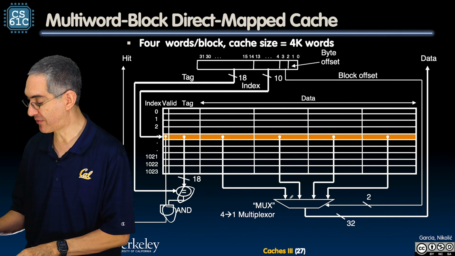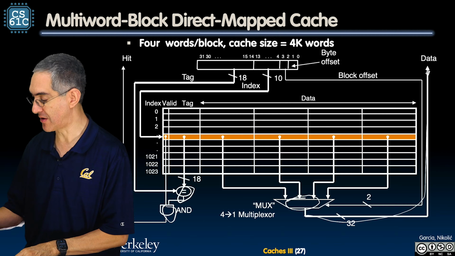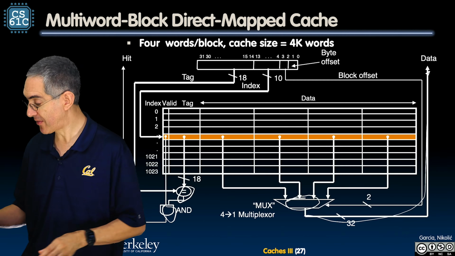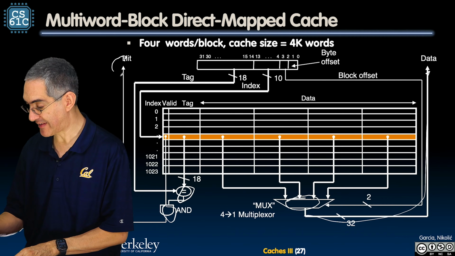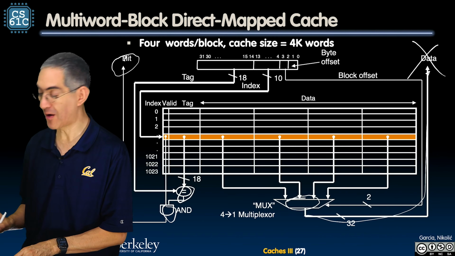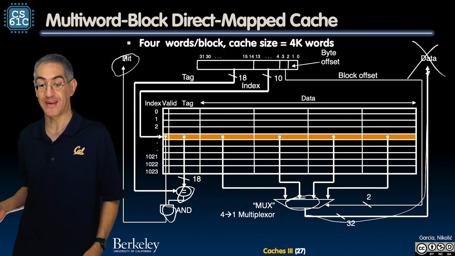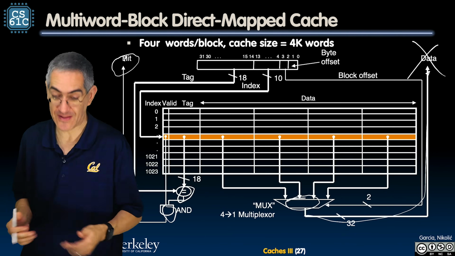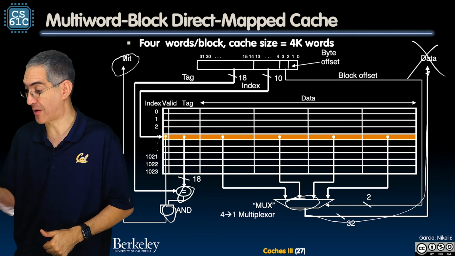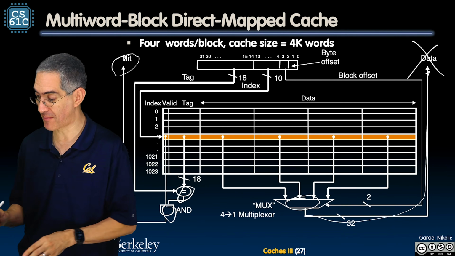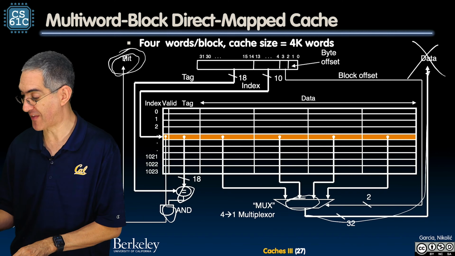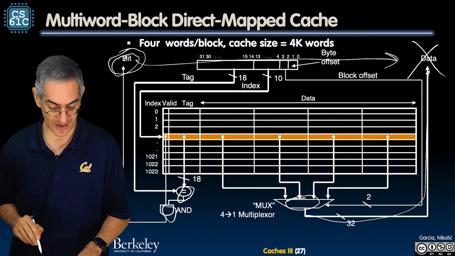And by the way, if this is not a hit, you ignore what this is. I don't care what data is coming on those lines. I'm not going to pay attention to it because it's the wrong one. Either it's not valid or the tags don't match. So I'm going to ignore my data. All those things happen at the same time, but at the end of the day, I check this hit first. And if that's good, then I'll use the data. Otherwise, I will ignore that data.